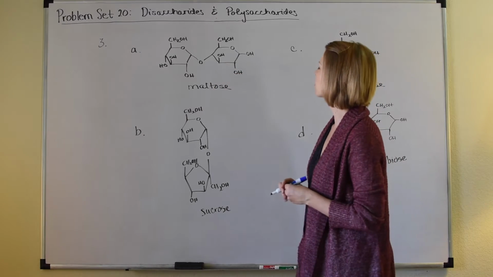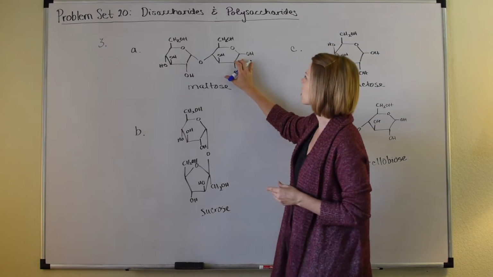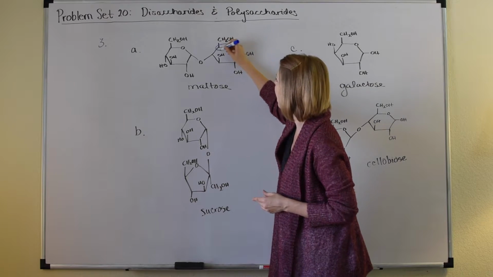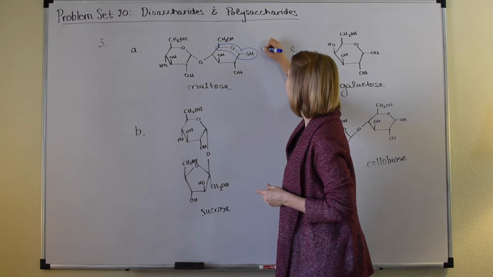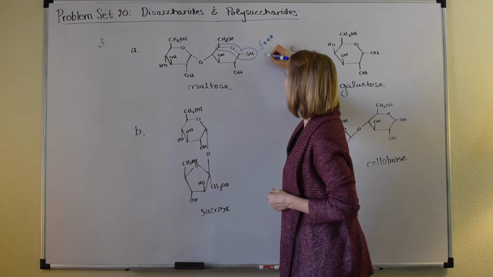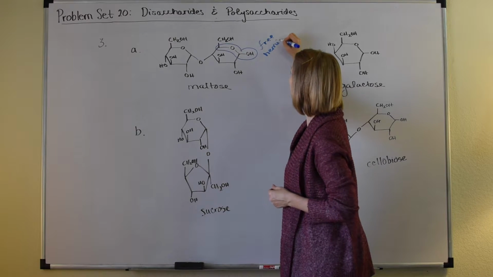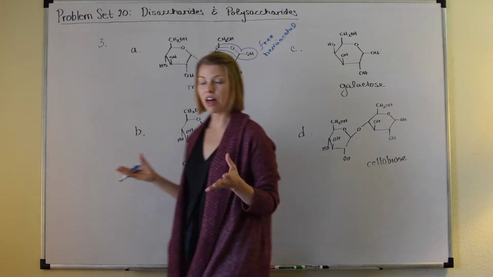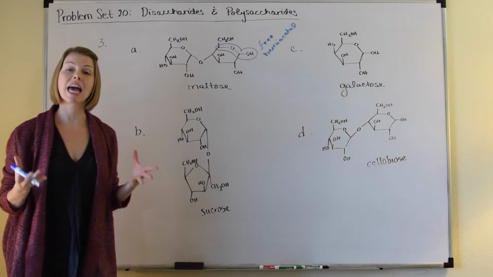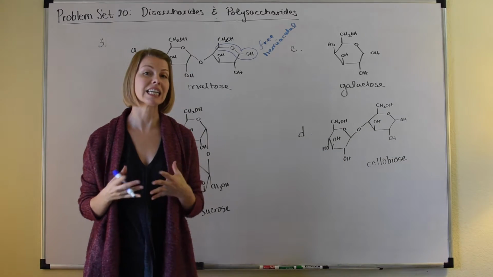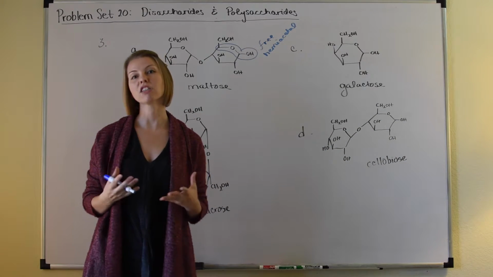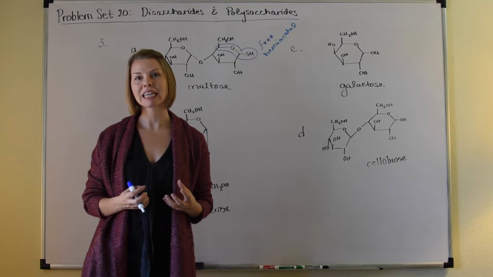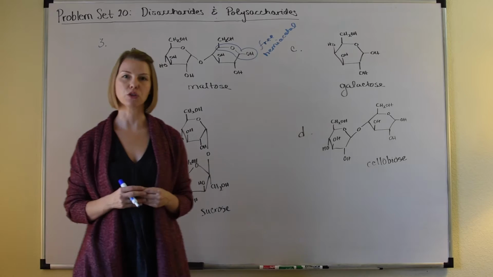Okay, so let's look at maltose. And notice that it does have a free hemiacetal, which means that it does have an aldehyde present in an aqueous solution, and that aldehyde can be oxidized. And so maltose can behave as a reducing agent.